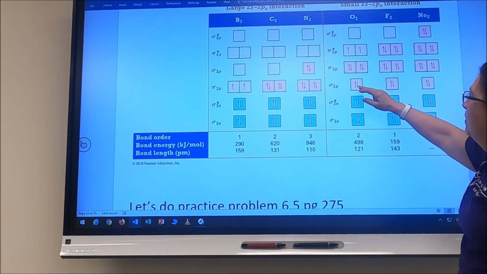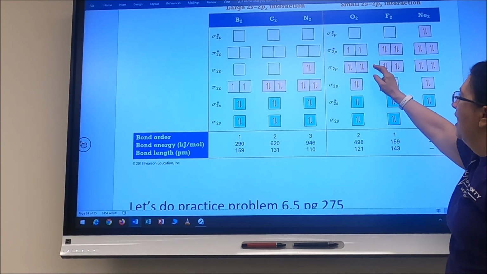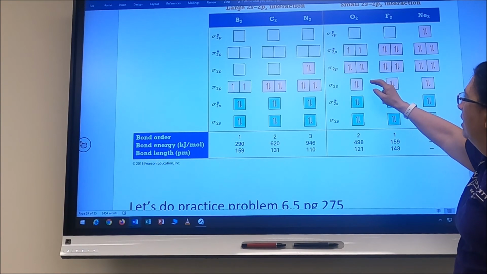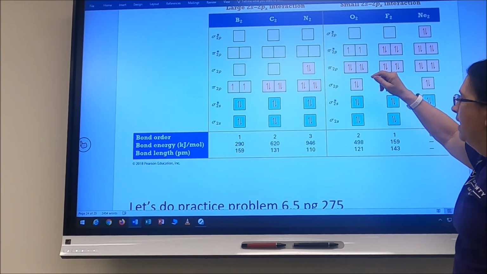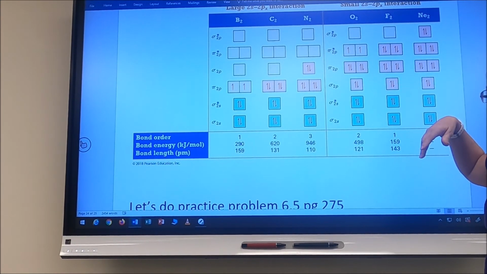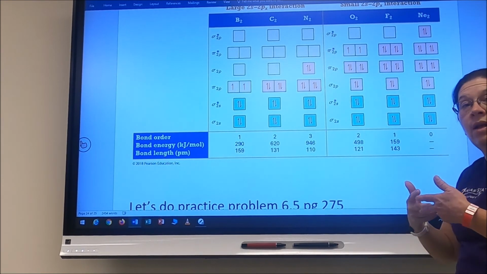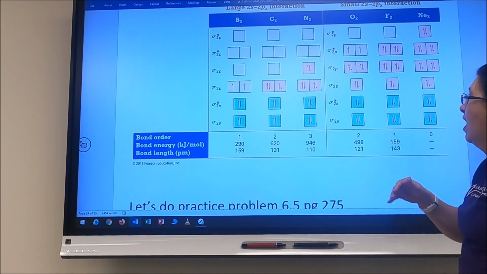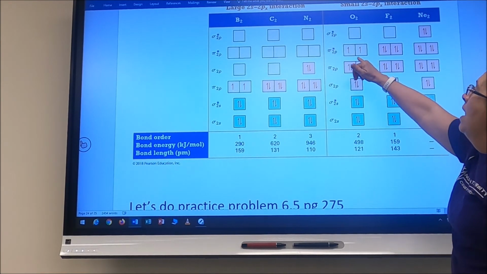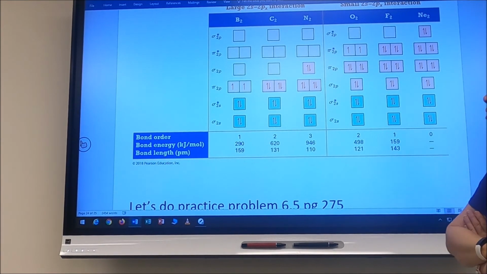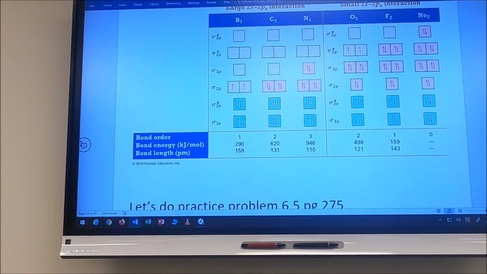So I have 1, 2, 3, 4, 5, 6, 8 in bonding. And I have 1, 2, 3, 4 in antibonding. 8 minus 4 is 4. 4 divided by 2 is a bond order of 2, like the two lines we draw in a Lewis dot structure. But notice now I have 2 unpaired electrons. Oxygen is paramagnetic. Okay? You can look at fluorine, you can look at neon.